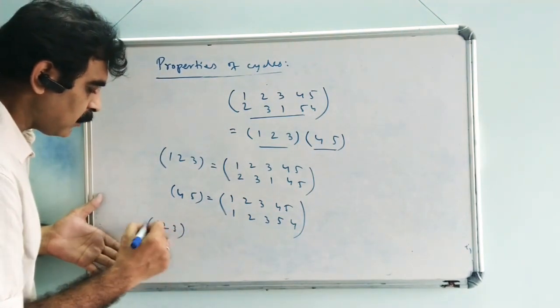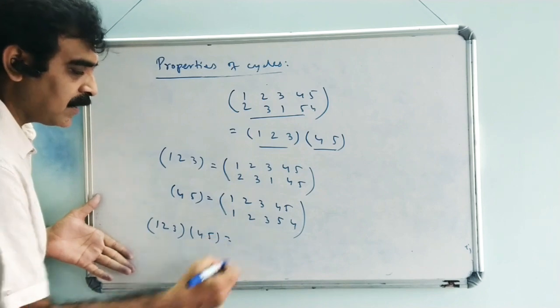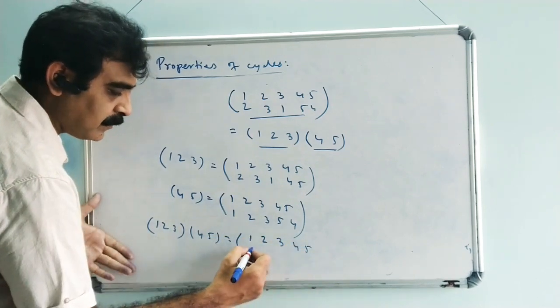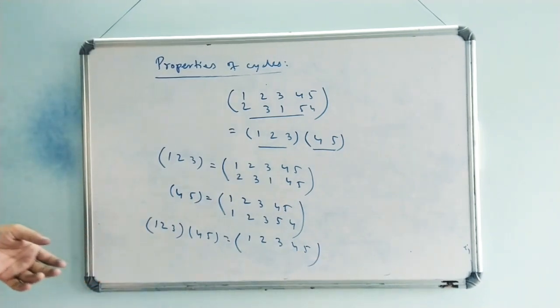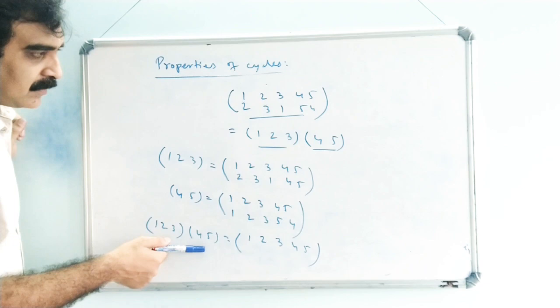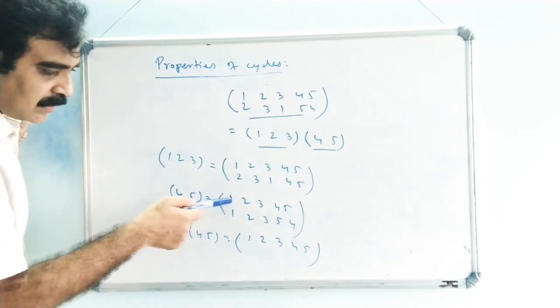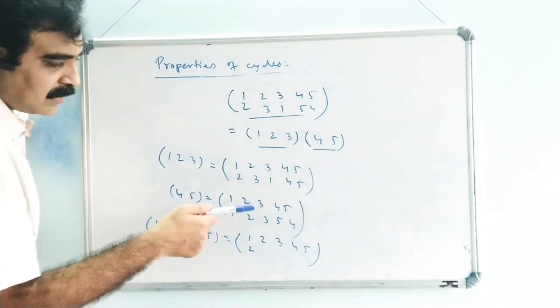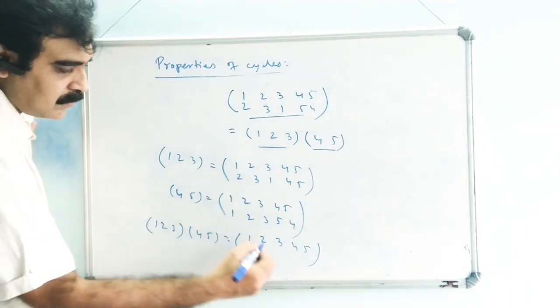Now, if we take the composition of these, what happens? Here f is this, g is this. You can think of it like this. The image of 1 under g is 1, and the image of 1 under f is 2. The image of 2 is 2, then the image is 3.